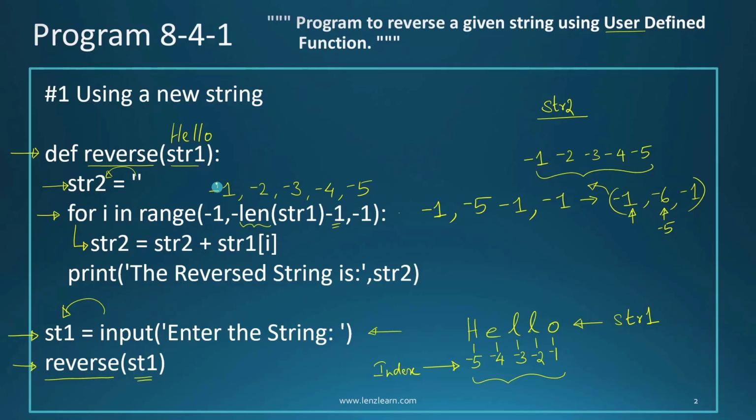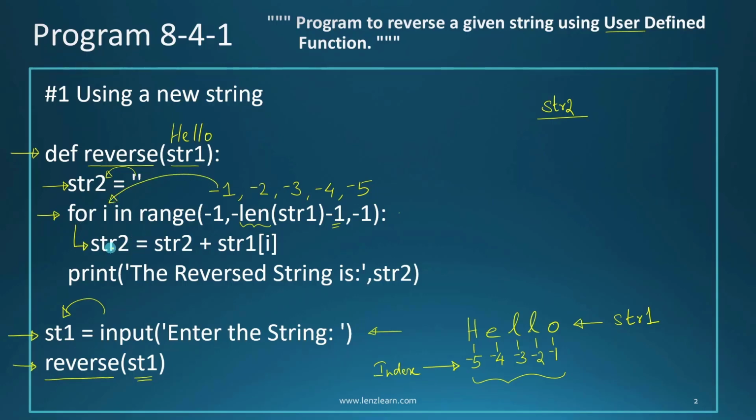Now the first value -1 will be loaded into I. Control comes to the next statement, where I take the character of str1 at the current value of I, which is -1. So we are picking str1[-1]. What is str1[-1]?